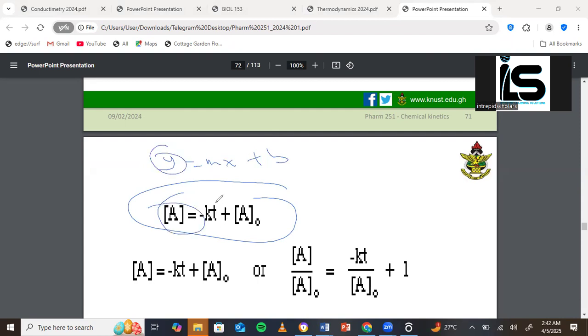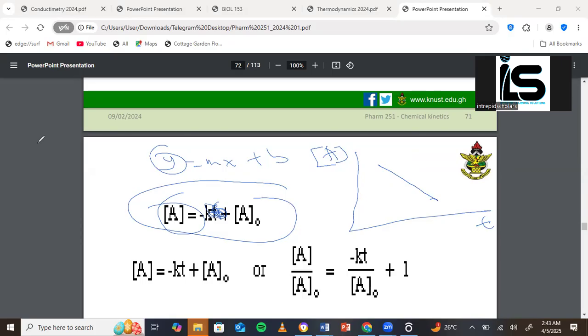The y is the concentration of A. The x here is this T. And so for you to find whether a process is zero order, you have to plot the concentration of A against T. When you do that plotting, you have to get a negative slope, negative K, a straight line with a negative slope, something like this, right? If you get something like this, that means it's a zero order reaction. Good. That's for that.